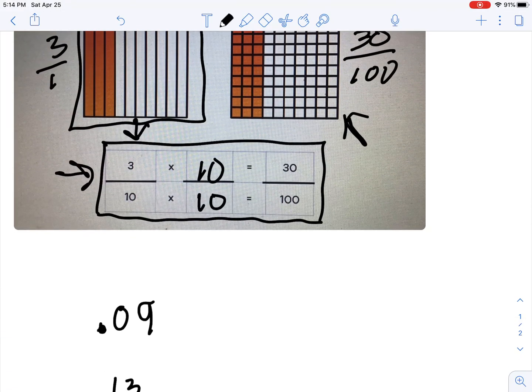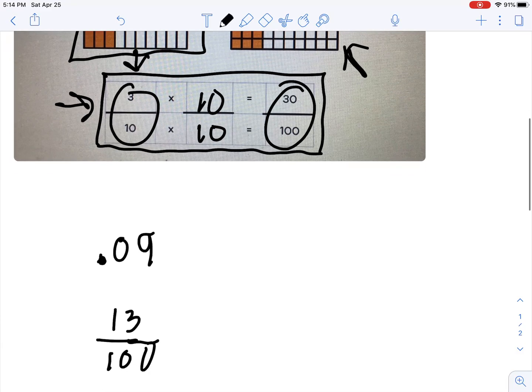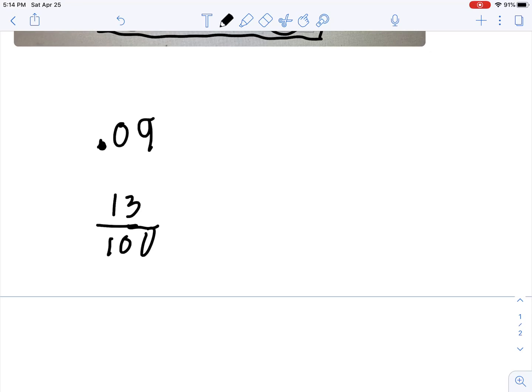And then you're going to be writing equations to show how those are equivalent as well. So before we go, let's just do a little more practice. Go ahead and do number 1, write this problem right here, 0.09, write that as a fraction. So again, if you can pronounce it, you can write it as a fraction.